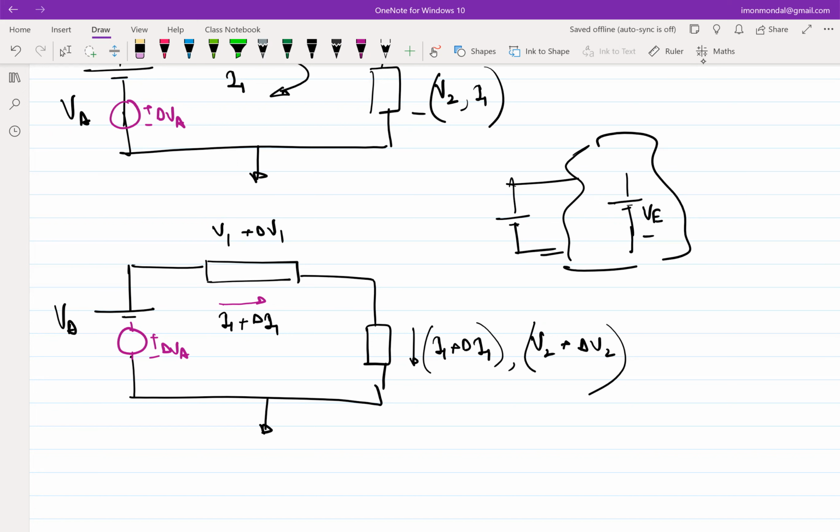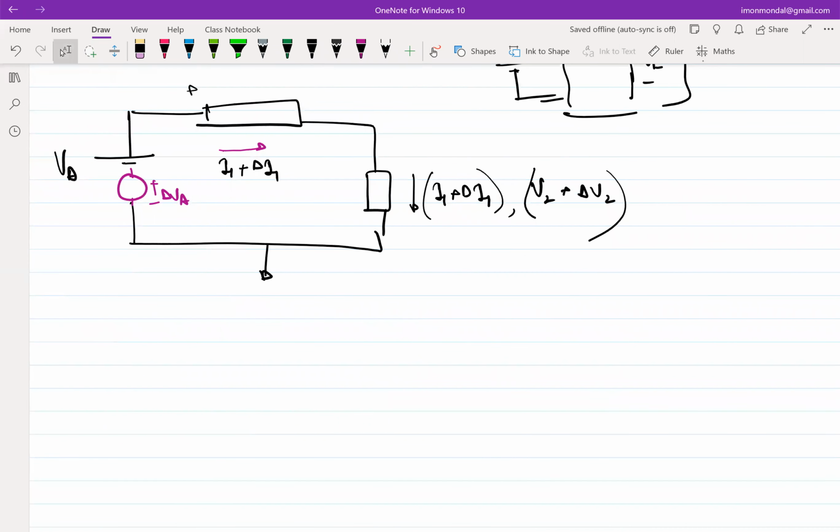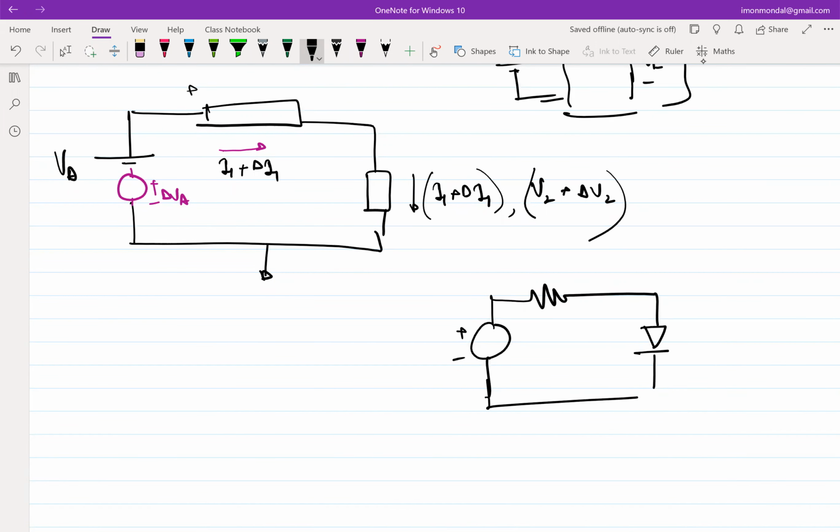So take this example. Let's take the example of a known circuit. You had this diode, with a voltage VD.